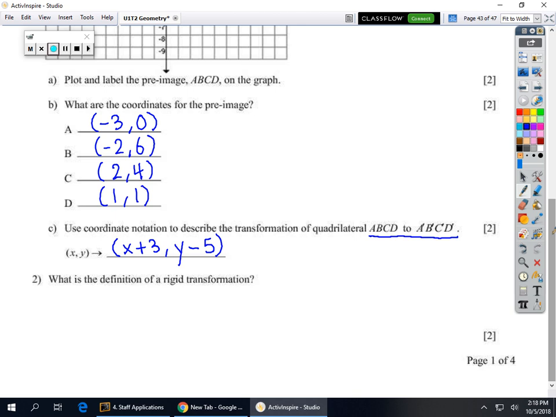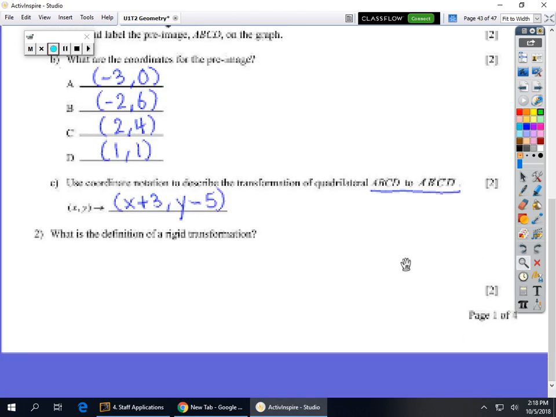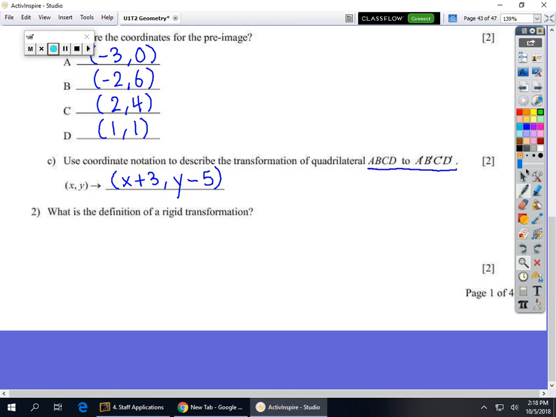Right. The last question on this page asks, what's the definition of a rigid transformation? You could Google a lot of them, and you're going to get some really complicated definitions. So I'm going to give you the one that I find is the most simple and the most helpful.